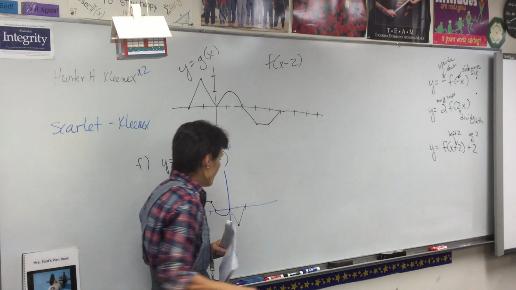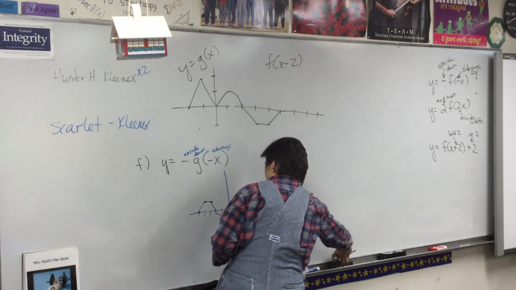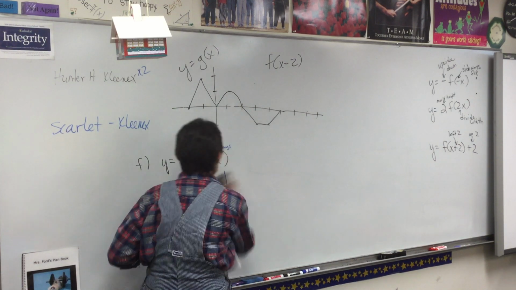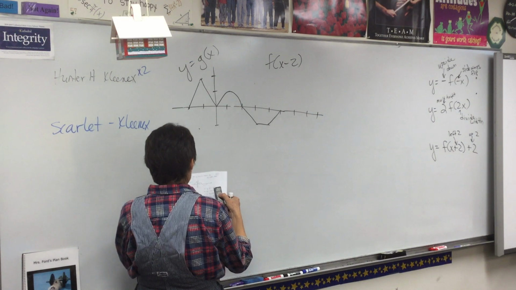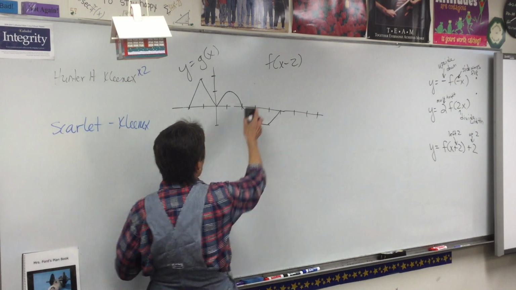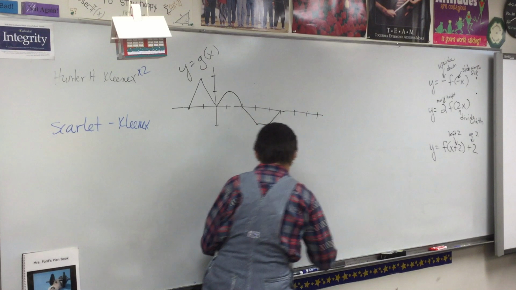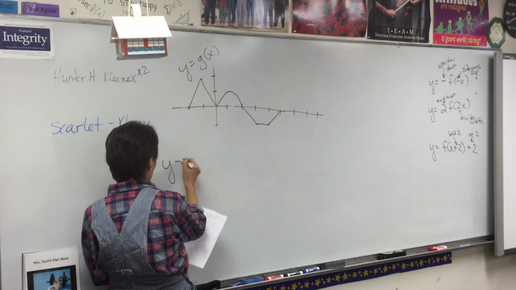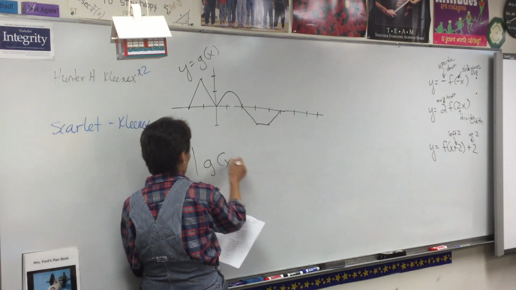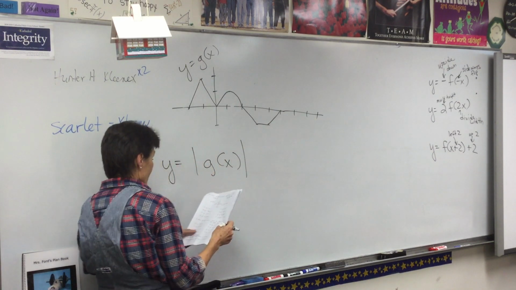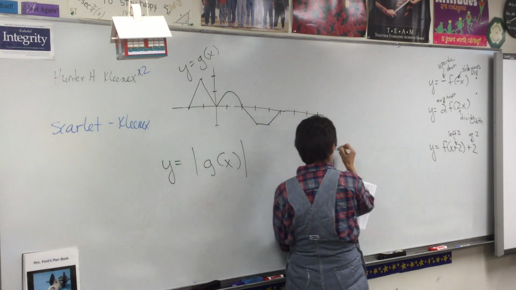We have one more transformation to worry about, and that is the absolute value. So I'm going to keep this same picture, and we're going to talk about, this is number 5, this is A. We're going to talk about this, and then we're going to talk about this.